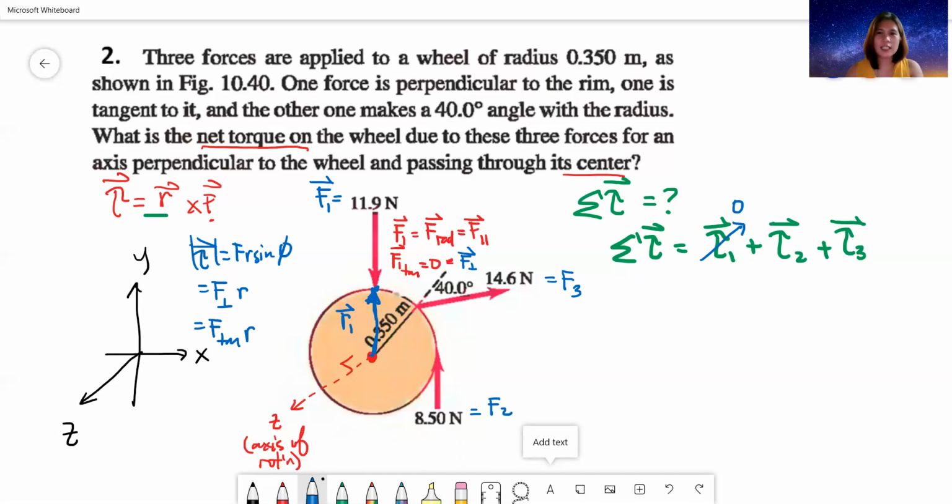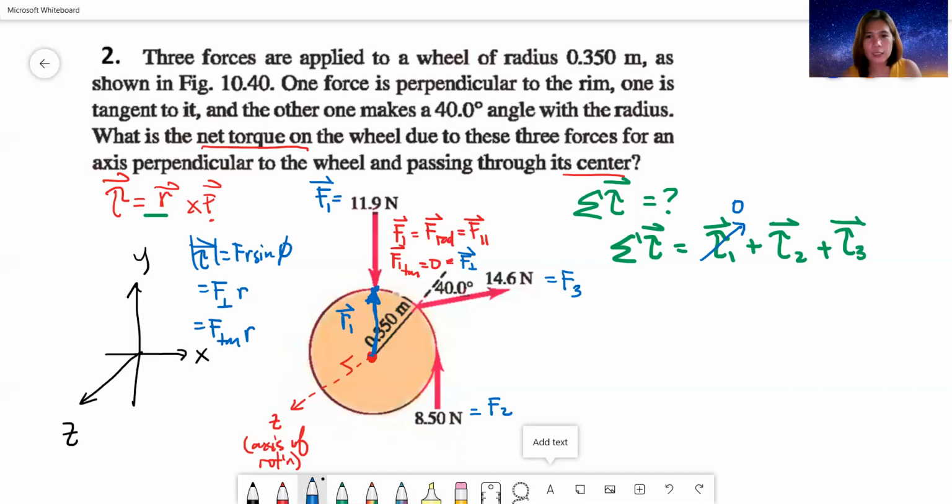Yeah? So it's just like the steering wheel that I mentioned earlier. If this is the manivela of your car, and then you push it along the radius of your manivela, then it will never rotate. So pag wala siyang nakukos na rotation, wala siyang torque. So wag mo na isali.